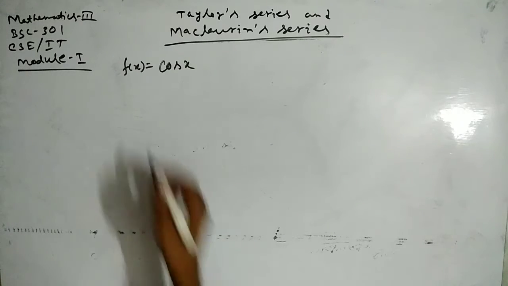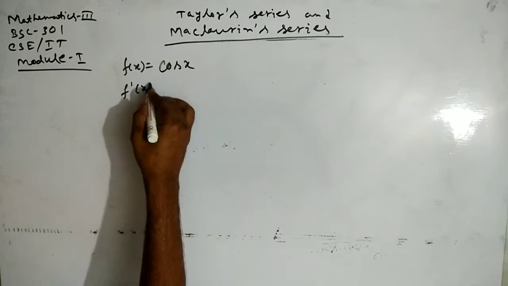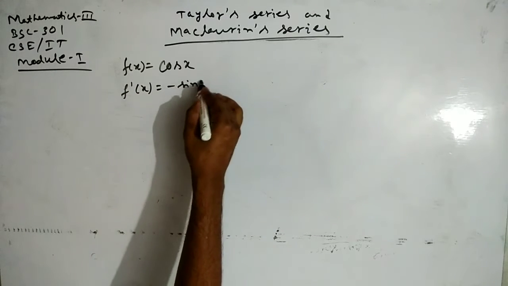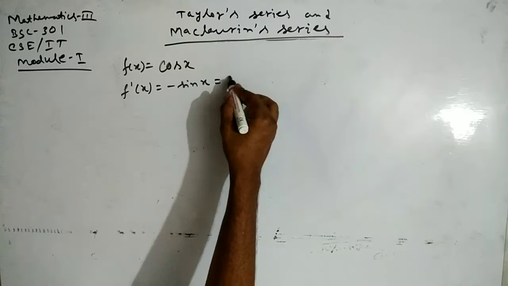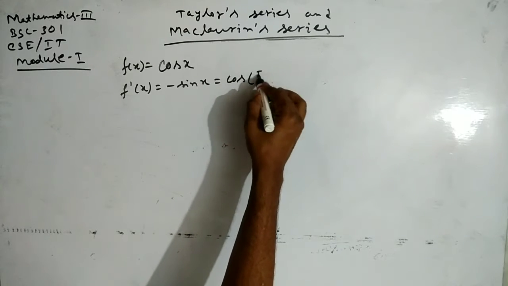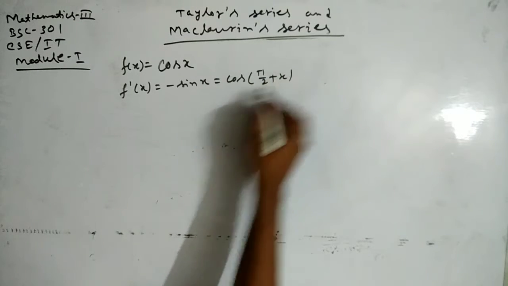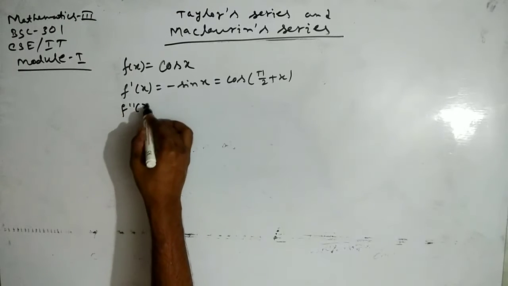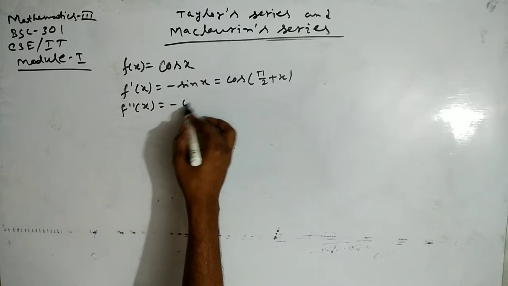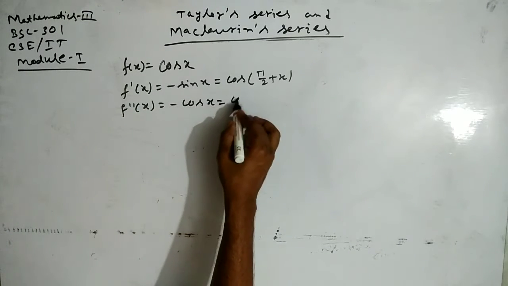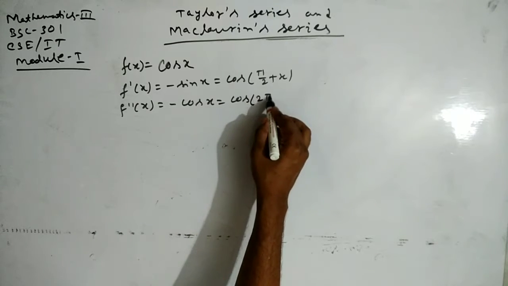So first order differentiation of cos x is minus sin x, and that can be written as cos of pi by 2 plus x. F double dash x is minus cos x, and that is equal to cos of 2 pi by 2 plus x.